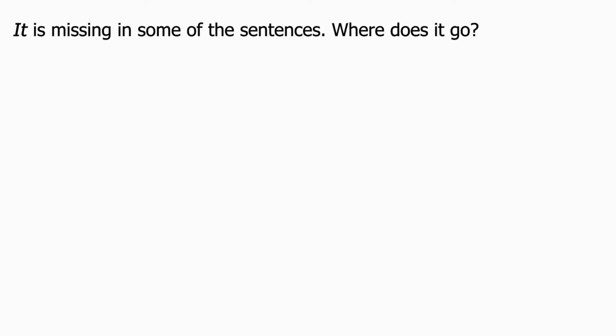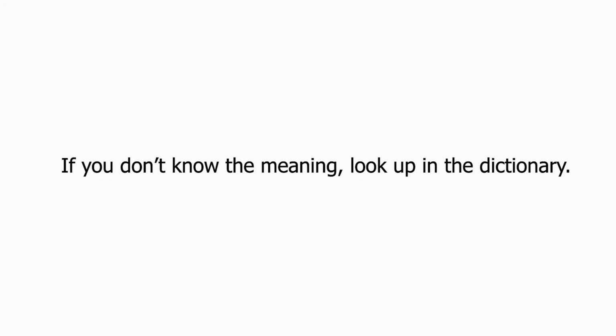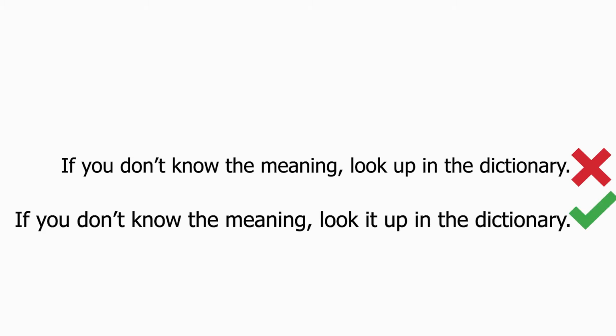In the next exercise, you will see on the screen some sentences, but some sentences have got the it missing. Where does the it go? If you don't know the meaning, look up in the dictionary. Yeah, the it is missing here. If you don't know the meaning, look it up in the dictionary.